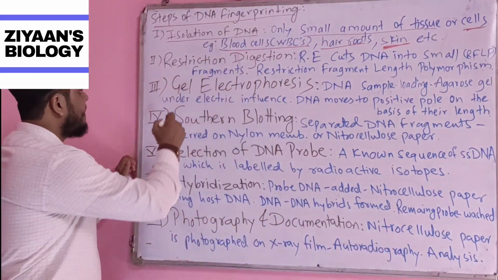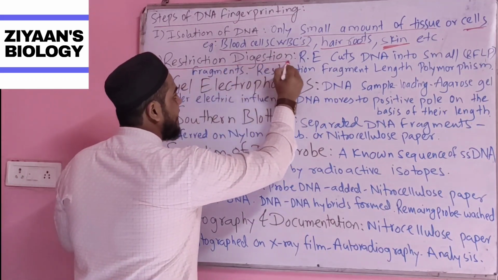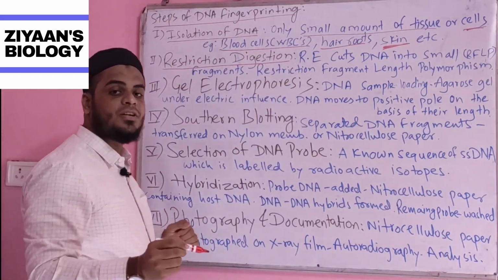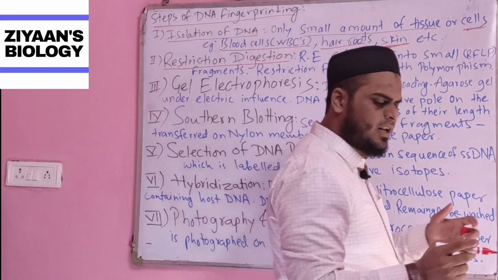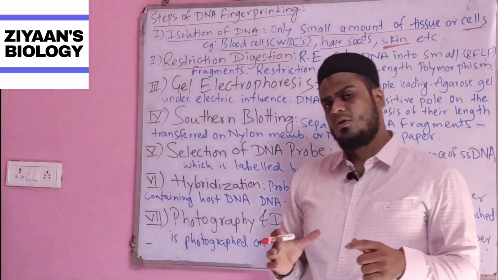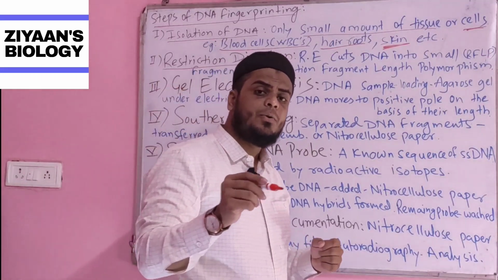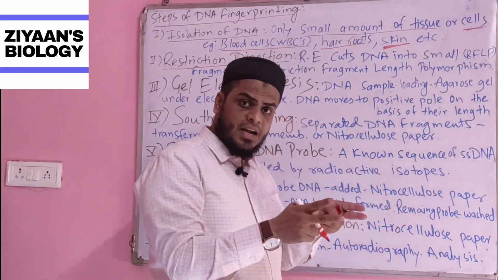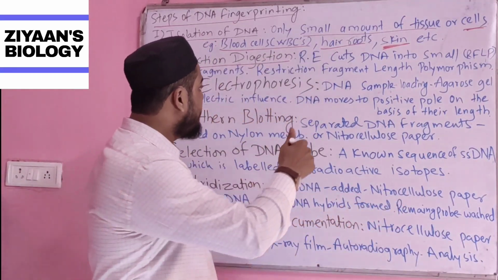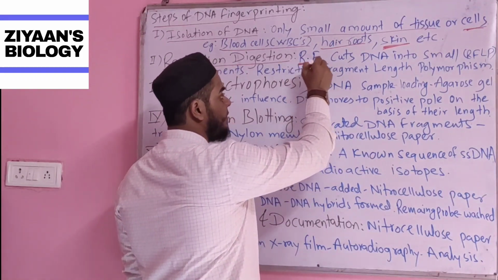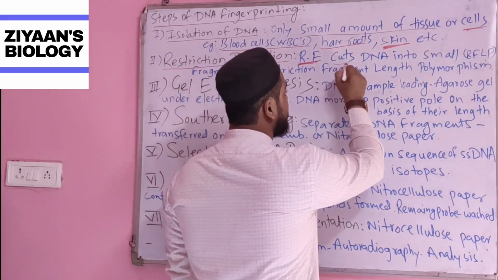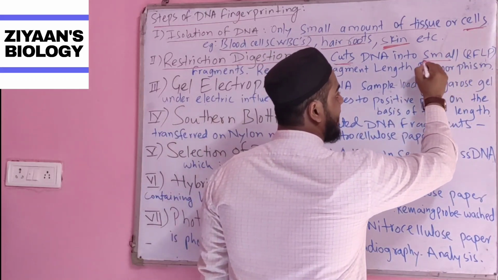Okay, coming back. The second is the restriction digestion. We all know that there is a class of enzymes also called molecular scissors, and they are also called restriction endonucleases, which cut the DNA at a specific length. So here you are dealing with the restriction endonucleases, which cut the DNA into small fragments.